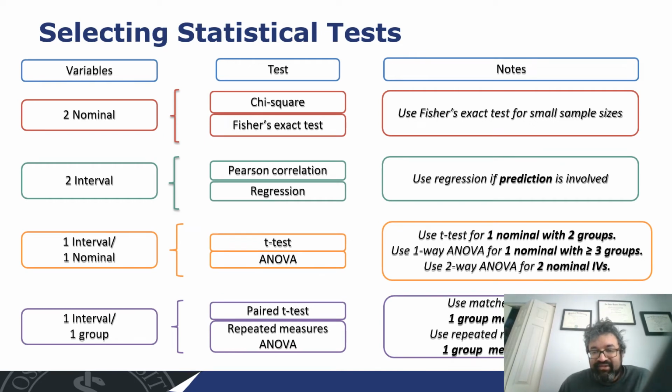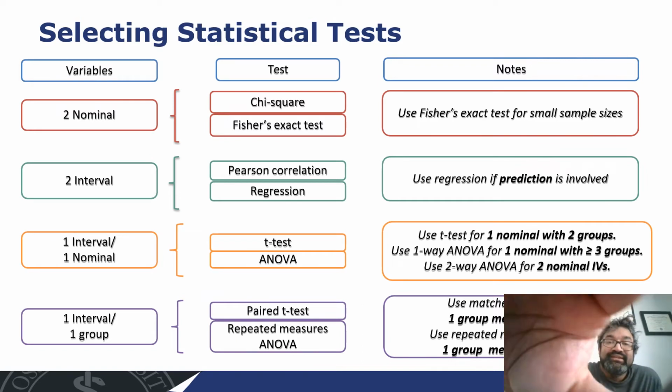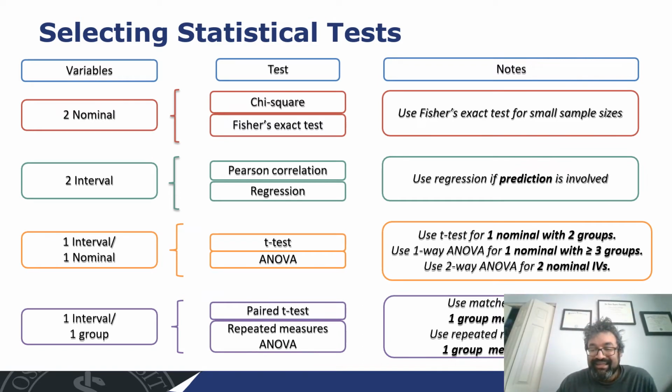Now this is the fun part, because you get to go through this algorithm, and if you do it correctly, and the key here is to do it correctly, then you should be able to go through this fairly quickly. So the first thing to look at is the variables.